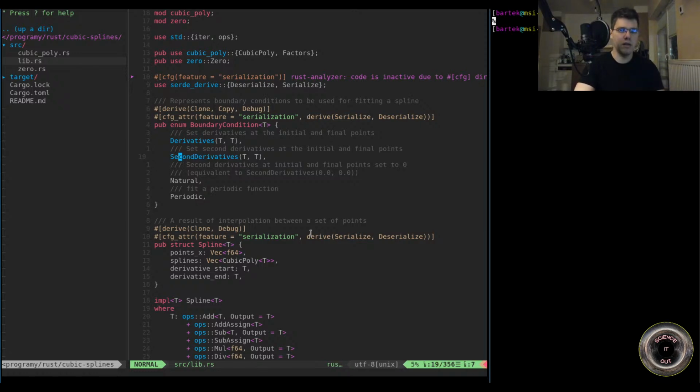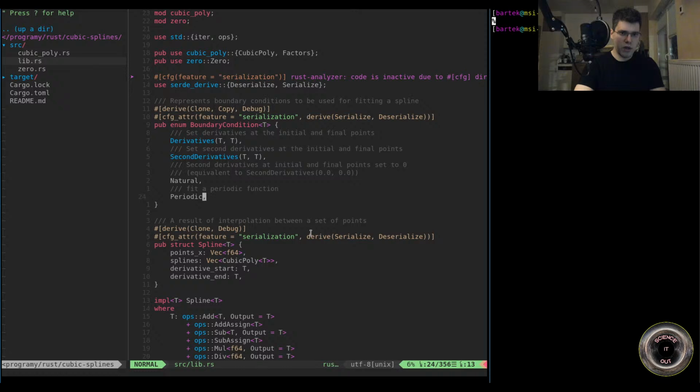So basically you can set second derivatives to 0 explicitly using this condition, or you can say it should be natural, which means naturally they should be 0. It's the same. But with these second derivatives you can also specify some different second derivatives.